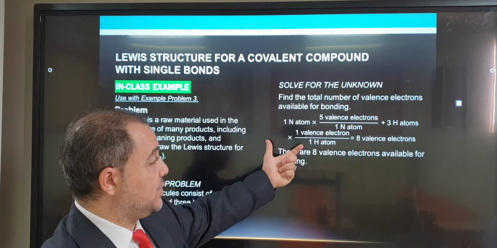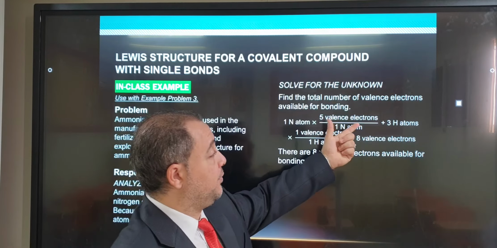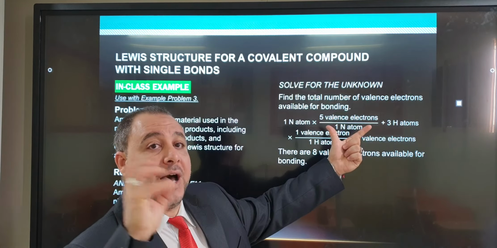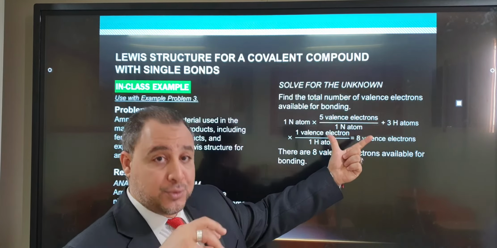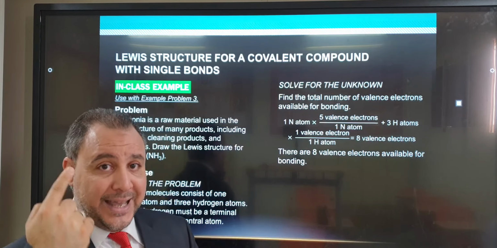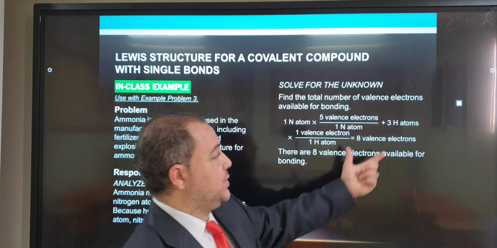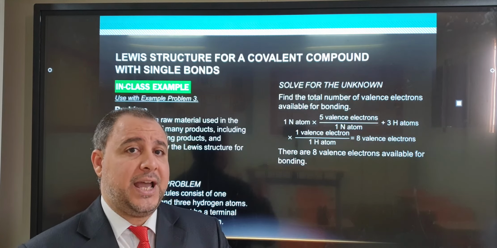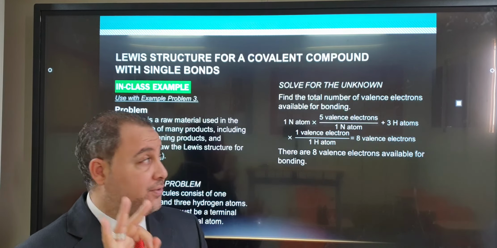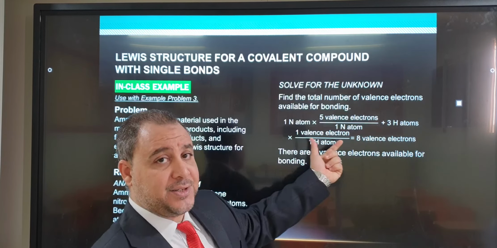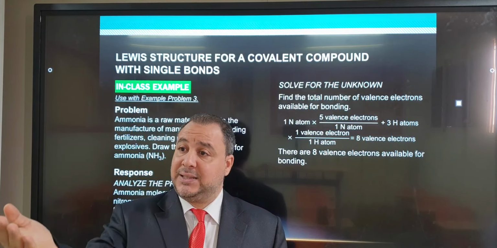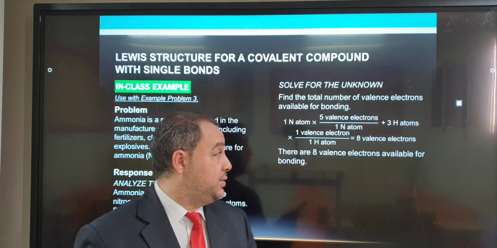So 1 nitrogen atom times 5 valence electrons, plus 3 hydrogen atoms as in NH3. Ammonia has 3 hydrogen, H3, times 1 valence electron, because hydrogen's atomic number is 1, so it needs 1 electron only to be completed.